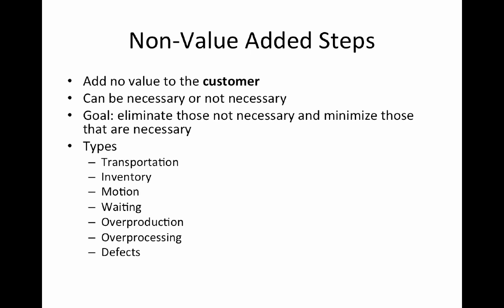So the goal is ultimately to eliminate those non-value added steps, particularly those that are not necessary. Some non-value added types include transportation or motion activities, where you're walking around unnecessarily. Inventory, non-value added. Waiting times. Of course, the customer doesn't want to wait.